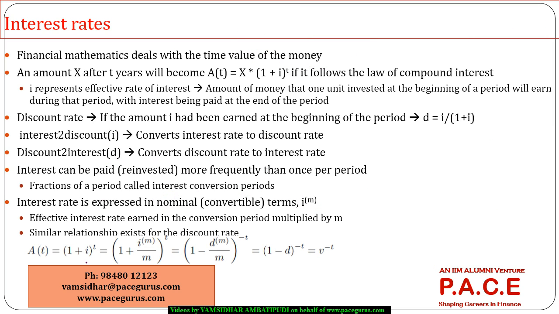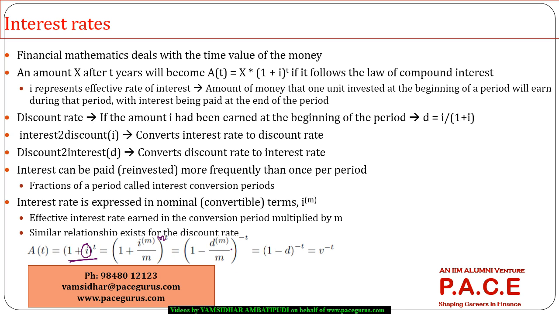So it's better that you remember this particular equation. When we are talking about the effective annual rate of return, it is 1 plus i to the power t. But if we are talking of mthly compounding, it is 1 plus im by m to the power t. Right, here I should use mt, whatever is the time period. So similarly, when you are using it with respect to discount rates, it will go the other way: 1 minus dm by m.